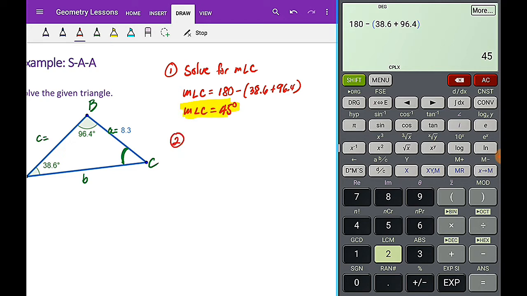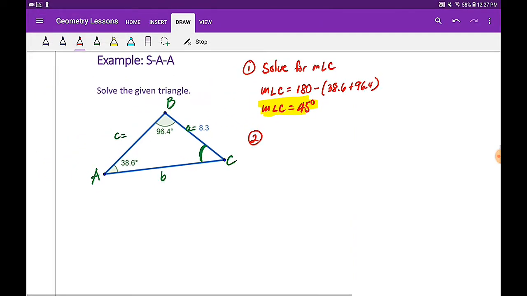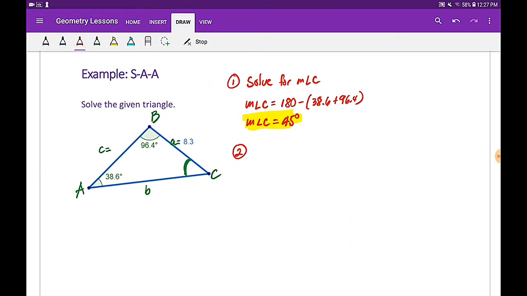Next step would be to find the length of one of the missing sides.